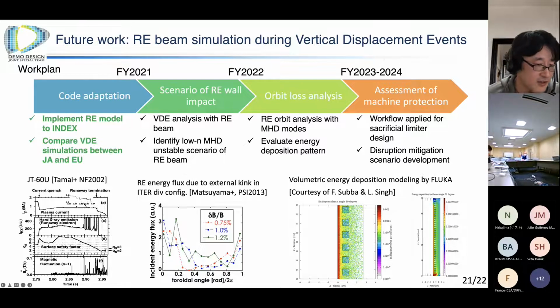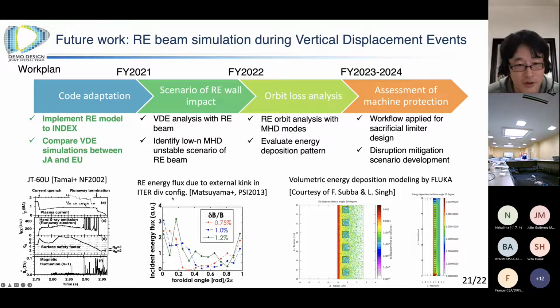Because this left figure shows the observation in JT-60U, and in JT-60U, during the termination phase of the runaway beam, the MHD activity associated with the external kink mode has been observed. So we believe that this is the cause of the runaway wall load, and this can dominate, let's say, the toroidal distribution of the runaway electron loads to the wall.